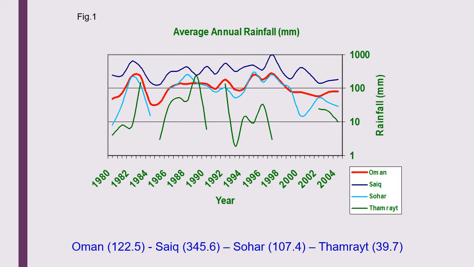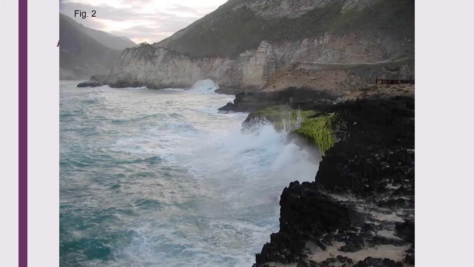So if you see the total average rainfall in the country, Oman usually gets around 100 to 122 millimeters annually. But in certain areas like Saiq, Jabal Akhdar, it gets about 300 to 400 millimeters annually. And compare that to Sohar, about 100, Thamrat, about 50.